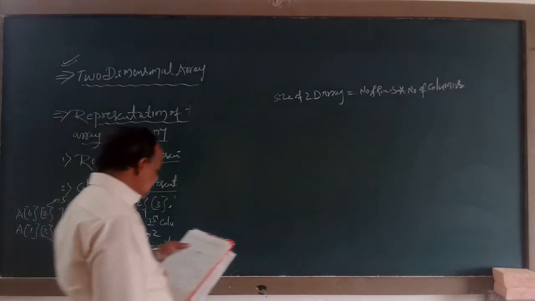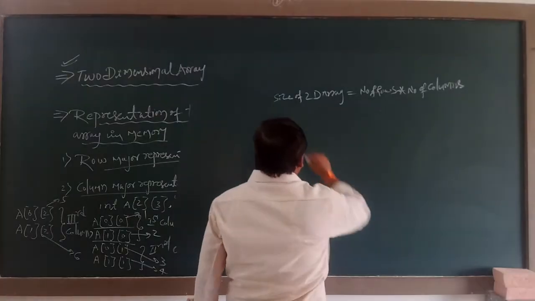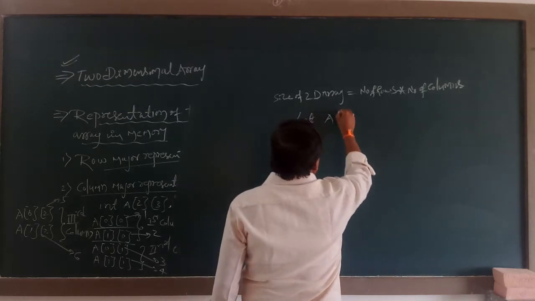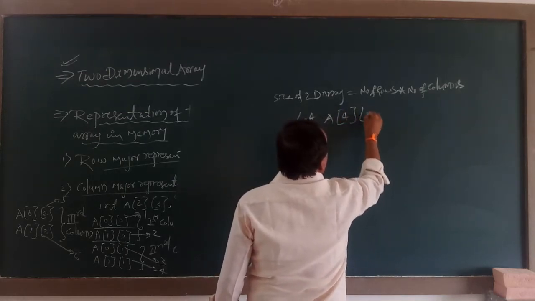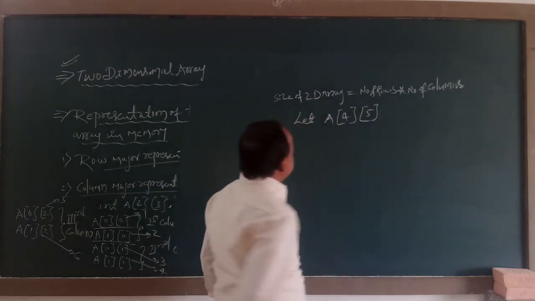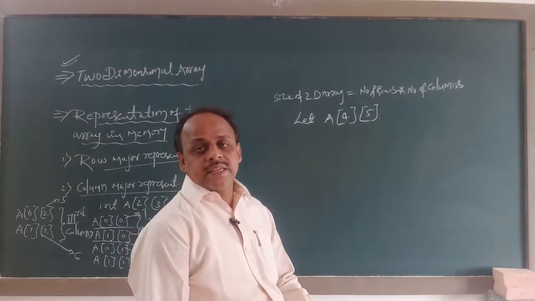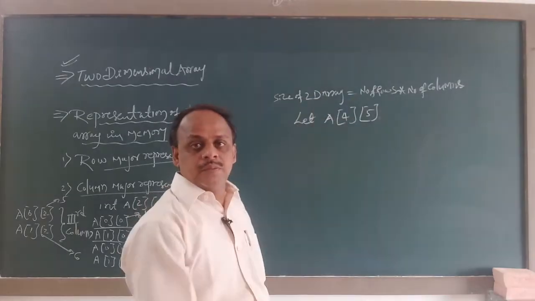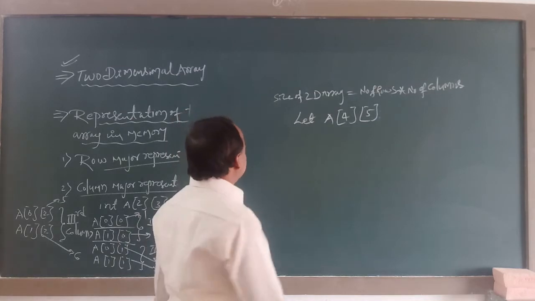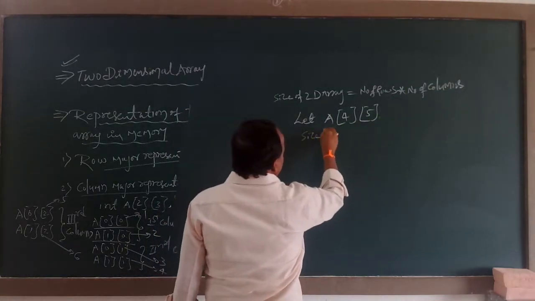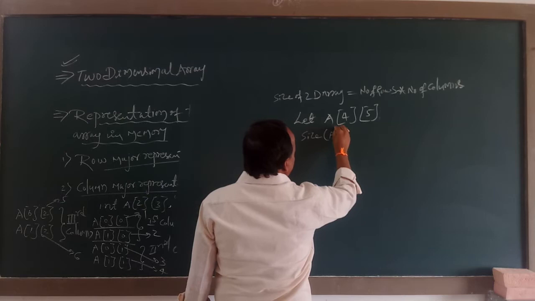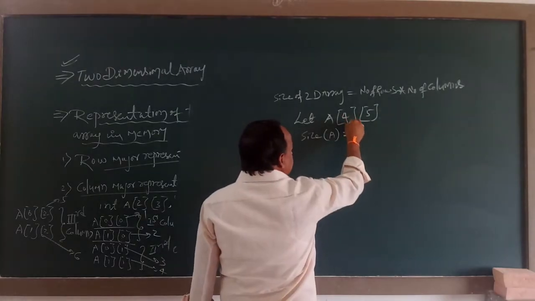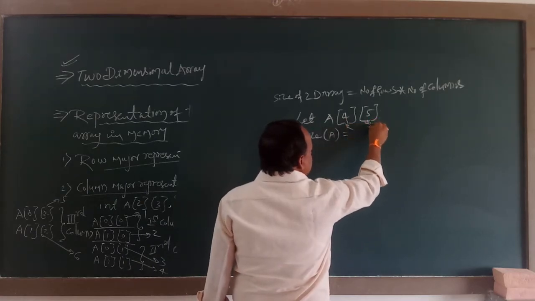For example, let A be a two-dimensional array of size 4, 5, that is 4 rows and 5 columns. Then what is the size of the array? Size of A is equal to number of rows into number of columns. The first subscript represents rows, the second subscript represents columns.